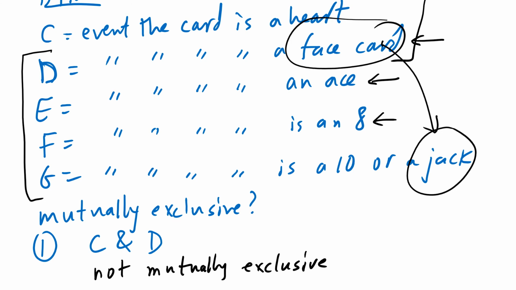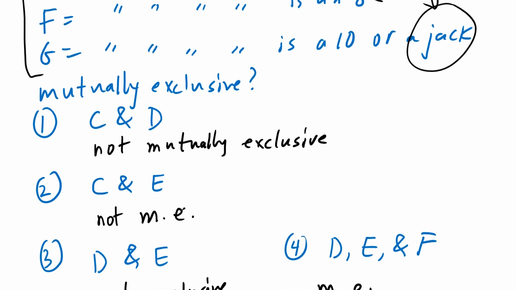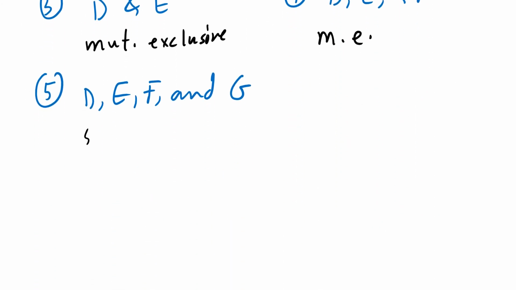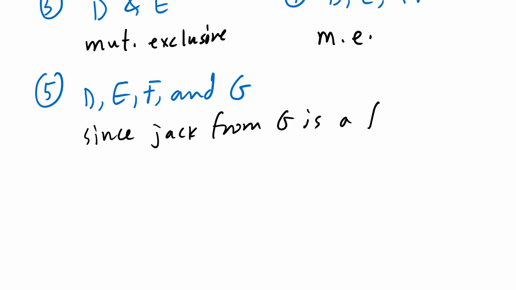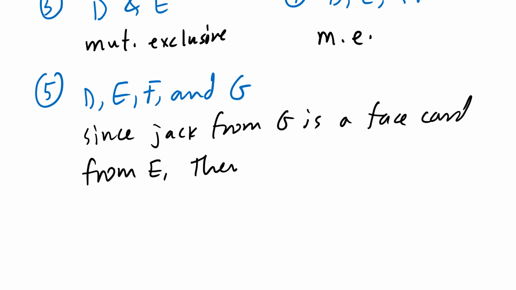Since they overlap here, they are not mutually exclusive. Since the jack from G is a face card from D, they are not mutually exclusive events.